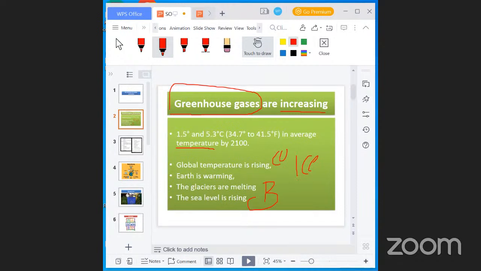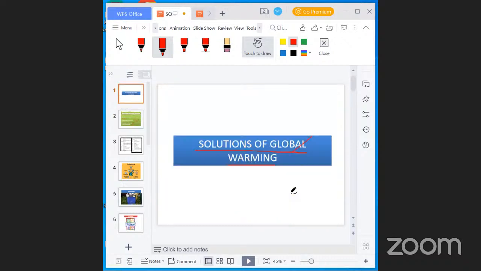So another major cause of global warming is depletion of the ozone layer, right? The ozone layer protects the Earth's surface, inhibiting the harmful sun rays that are coming to the Earth, right?